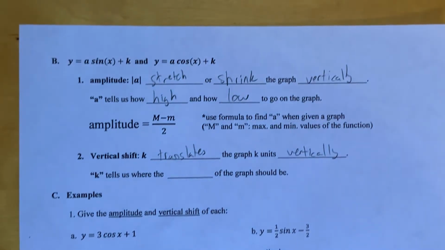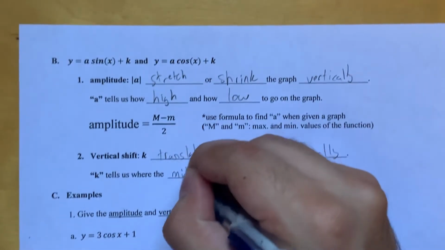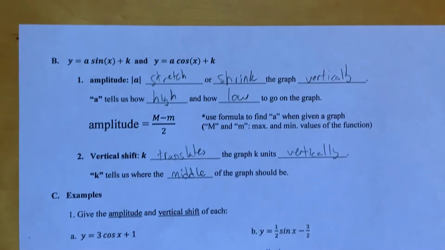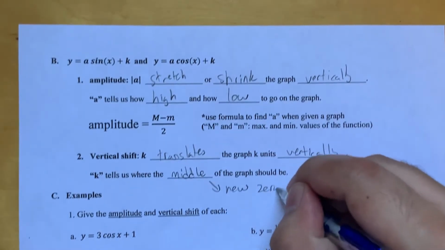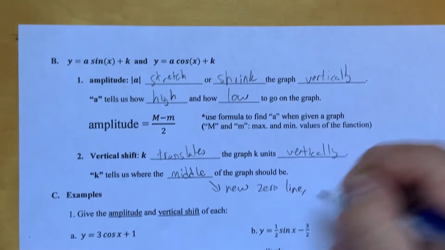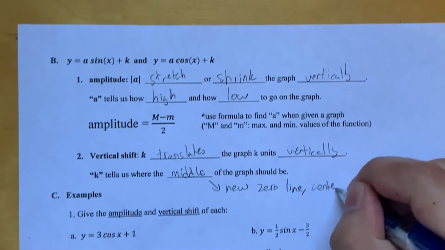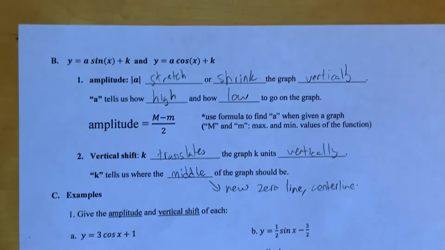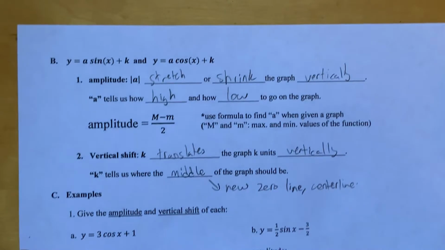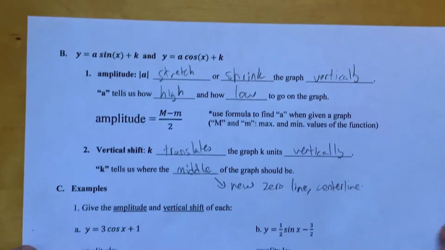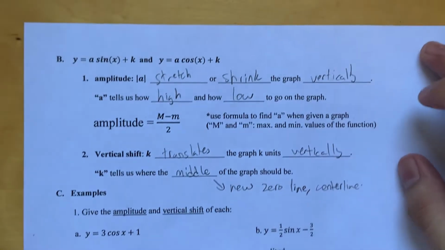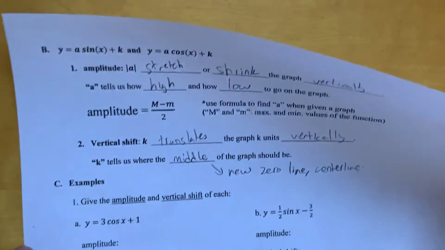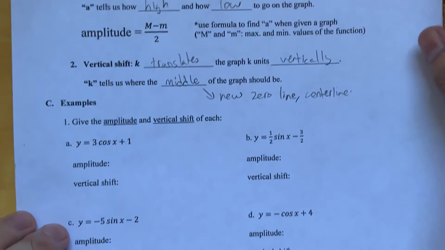K tells us where the middle of the graph should be, the new zero line or center line. It's not technically the origin because the graph extends from negative infinity to positive infinity, but it can be called a center line or a zero line. And K gives you that new center or zero line.